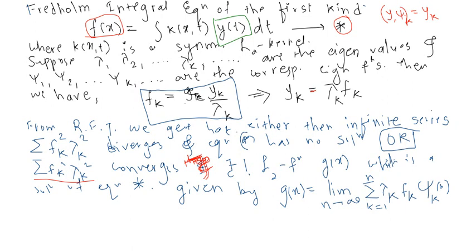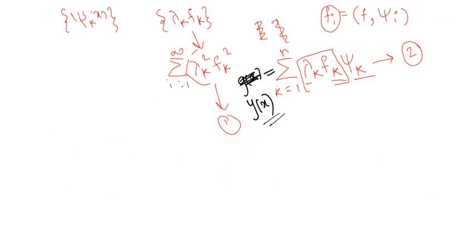Now you must be thinking how, from here, I know that series 2 is convergent, and there exists a unique function to which this series 2 converges. So whatever that function is, it has to be equal to this y of x.